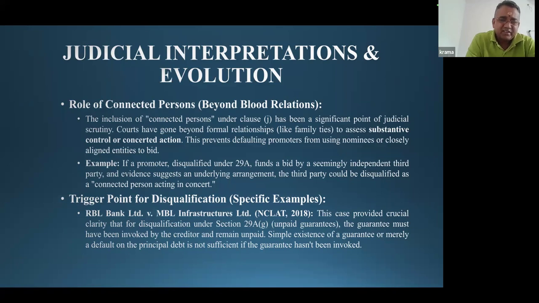Do you feel that in these cases, the NCLT will squarely blame the RP? Suppose there is gross negligence, he has not done his diligence properly, and it's a case of gross negligence on the part of the RP to bring out the conflict of interest. Beyond a point, the RP's hands are also tied. Okay. Sir, sometimes resolution plans are rejected if anything is found out later, and the IBBI will take up disciplinary action.